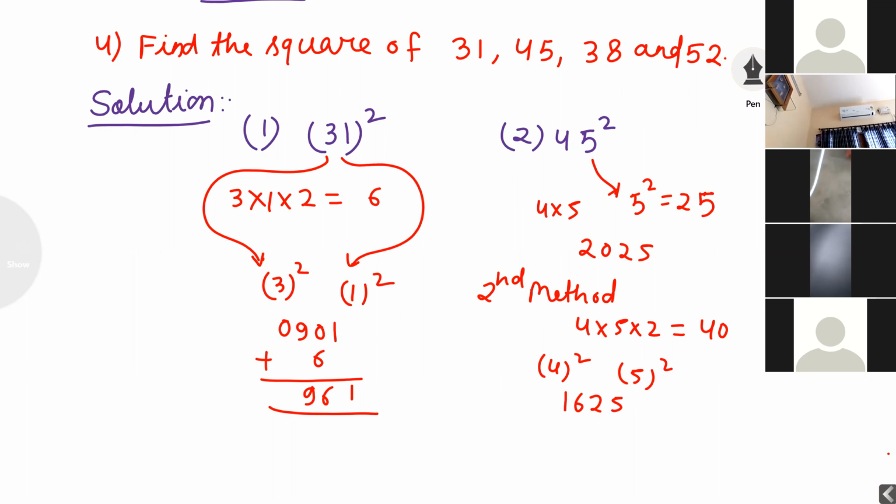Then 40 I want to add. 2025 answer has come. If you are applying first method or second method, both method our answer is coming same.